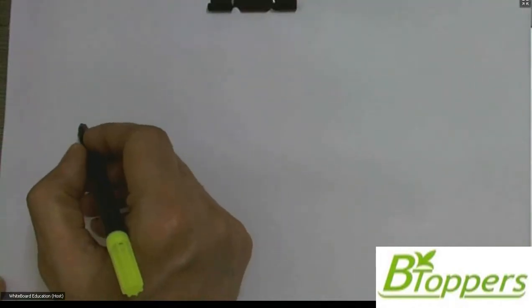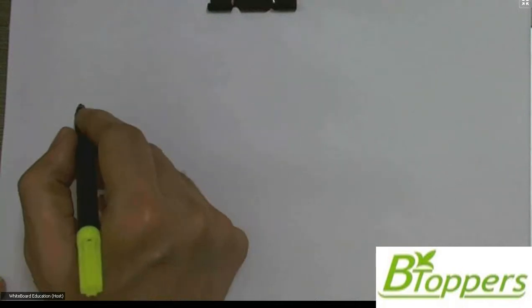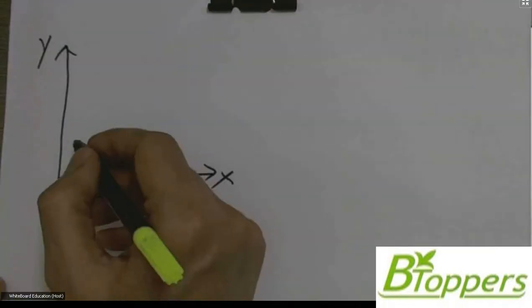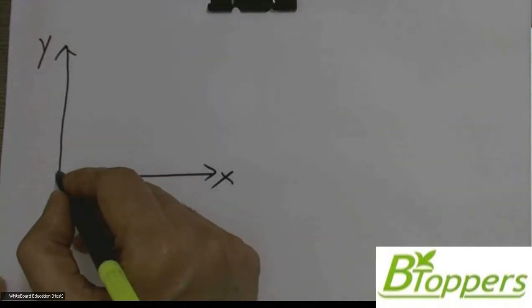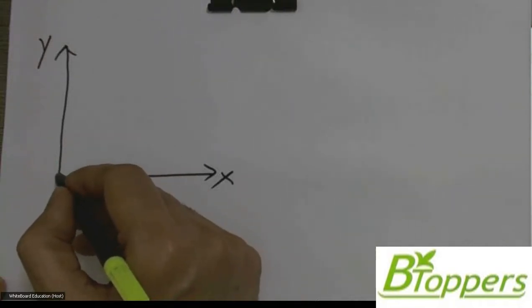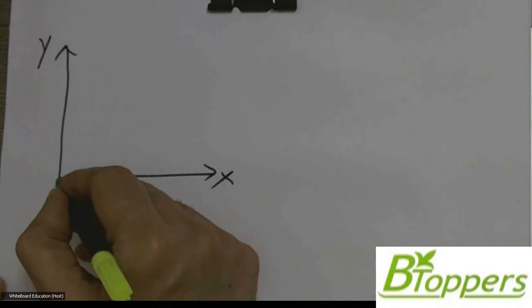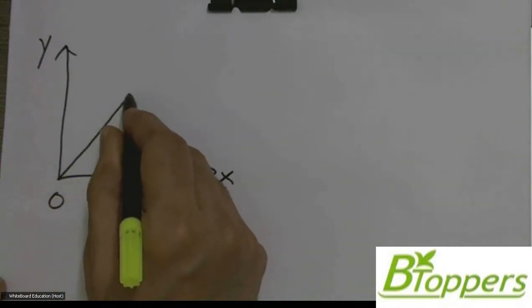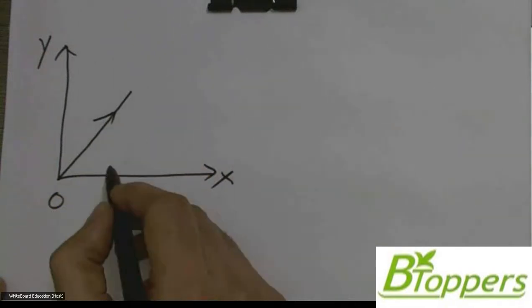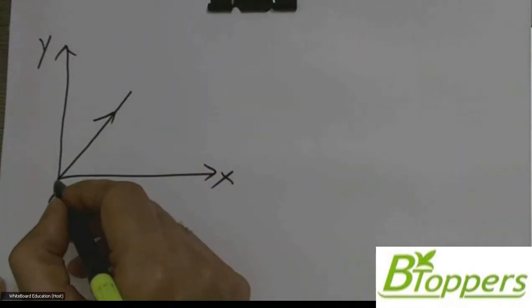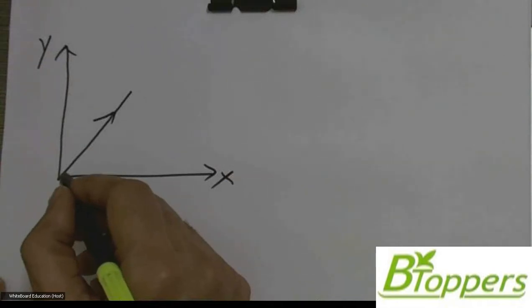So let us consider a particle which moves in the xy plane with uniform velocity. Let us suppose O is the initial position of the particle, and we can choose a coordinate system such that the origin coincides with the initial position of the particle.